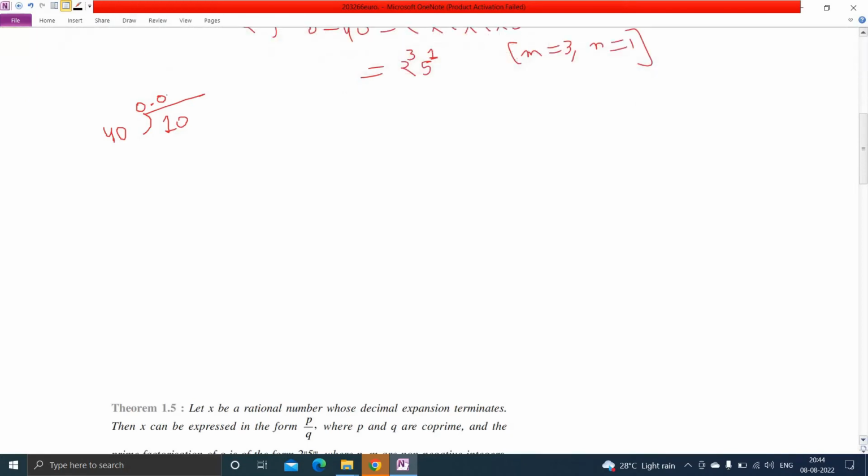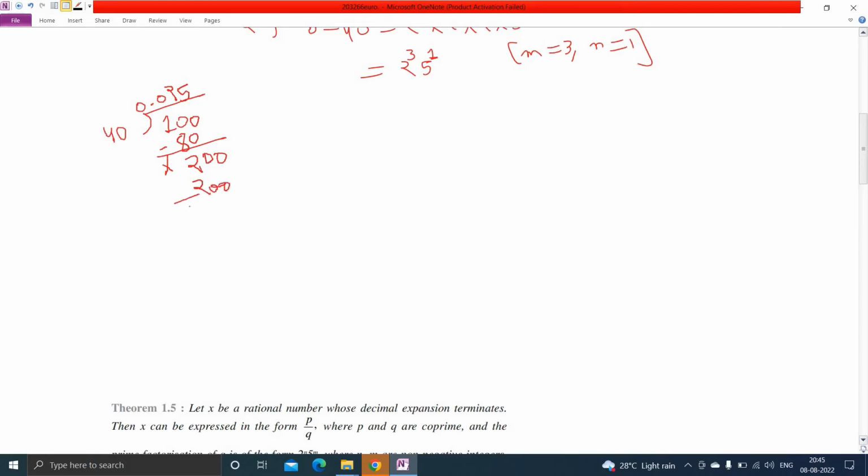So I will put 1 0 here, then 4 twos are 80, then 20 will remain here. It is very simple. 20 will remain, then I need to put one more 0 there, then I will get 200 here, 40 times 5 is 200, so my decimal is 0.025.